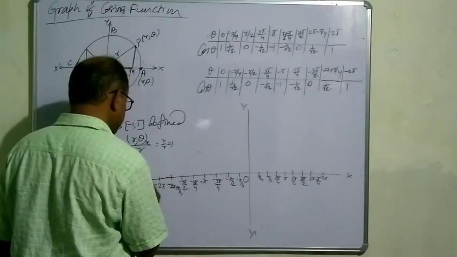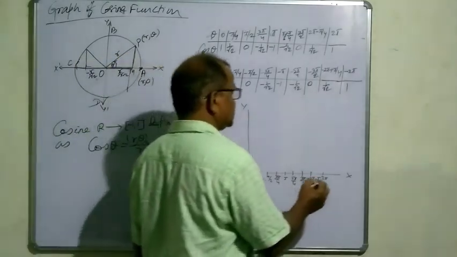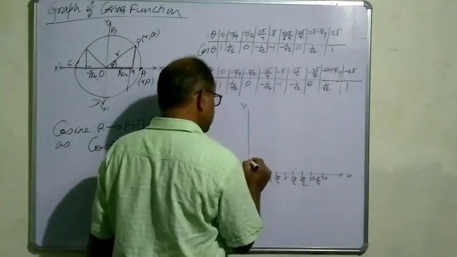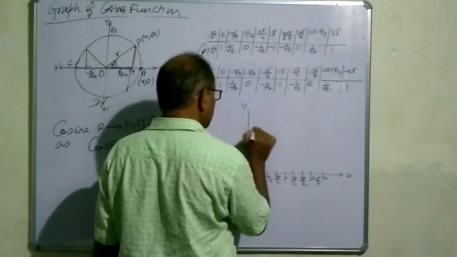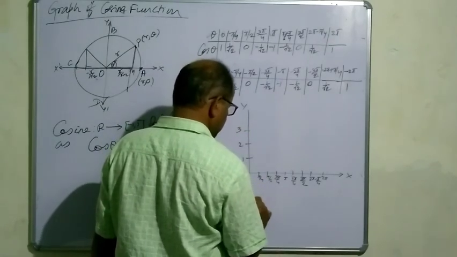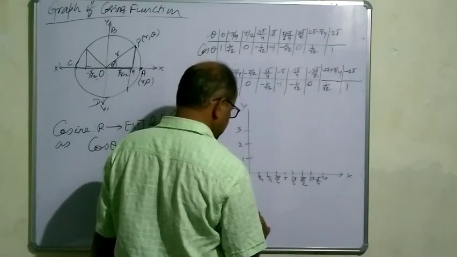It will continue like this, and its coordinates, suppose 1, 2, 3, minus 1, minus 2, minus 3, like this.